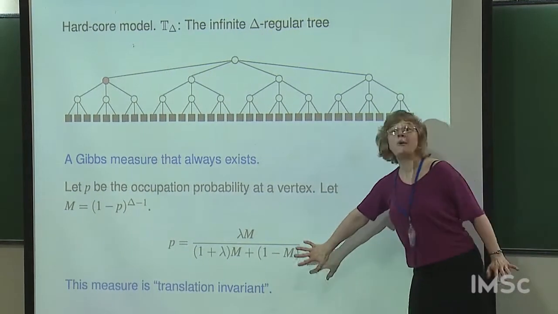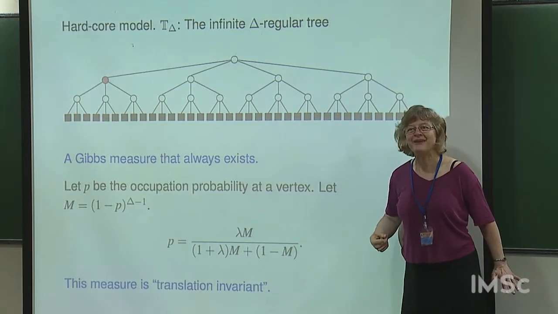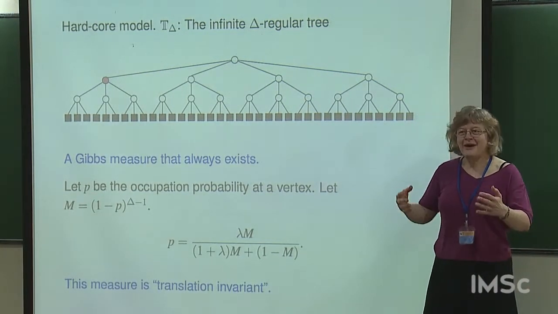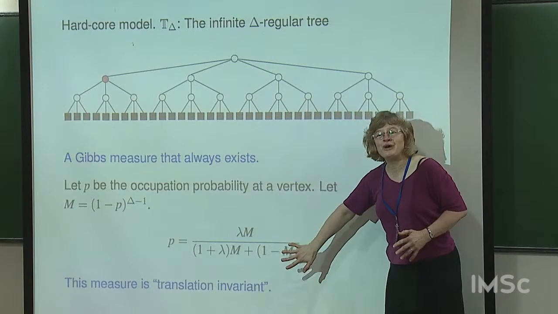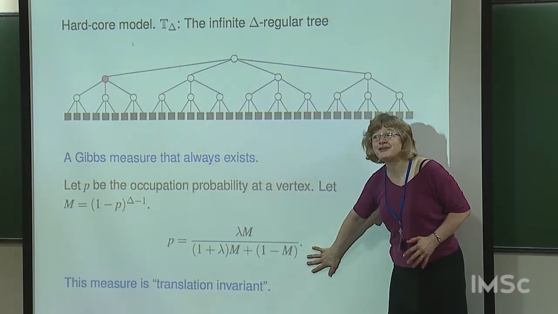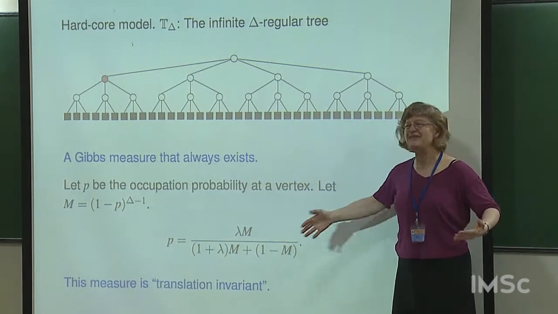Let's just say this. Suppose you wrote this equation, and then you solved it for p. Okay? Forget about the kind of bogus way I was justifying the equation. What you can see is that if you solve this equation for p, that would be a Gibbs measure, right? That is clear.